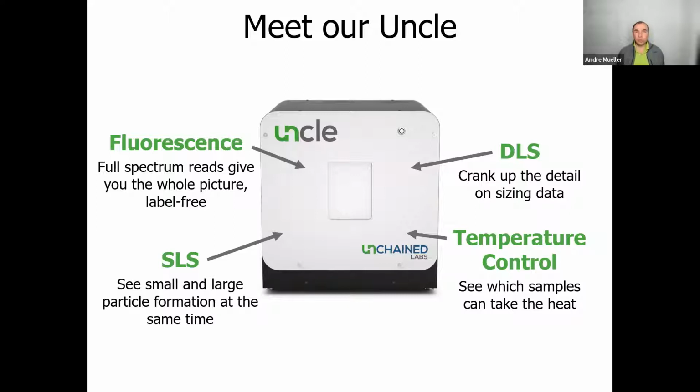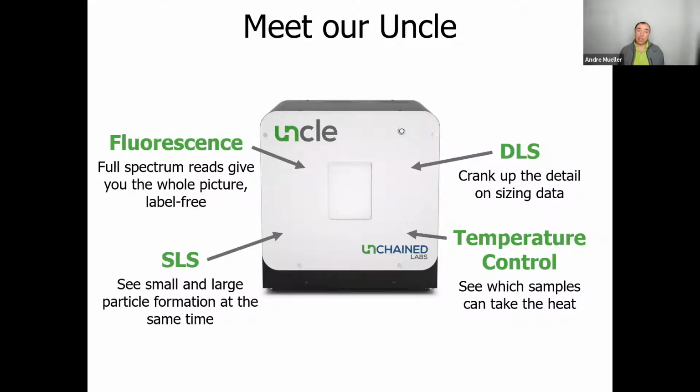So we are able to record the static light scattering as a readout of aggregation at two wavelengths, 266 nanometers and 473. A third modality, DLS, is also giving you information about the aggregation state. So I have an orthogonal technique in addition to the SLS.